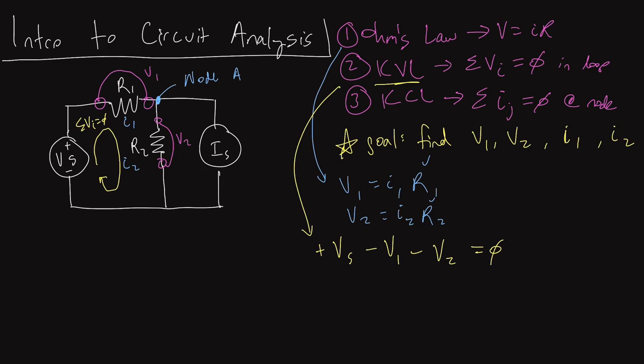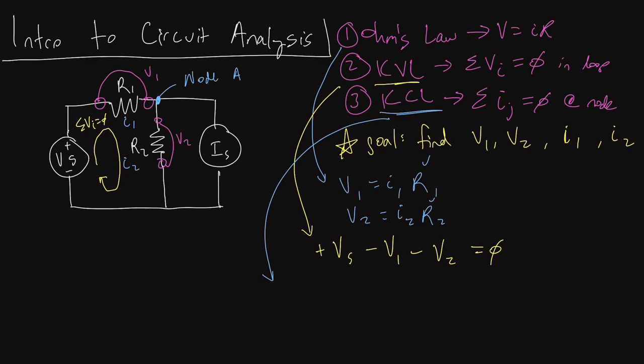And then finally what we have here is Kirchhoff's current law. This tells us that the sum of all currents at a node must equal 0. The way I think about this is similar to a mass balance that a chemical engineer would do. Whatever current goes into a node has to come out of that node, where we are conserving current, or charge is conserved.